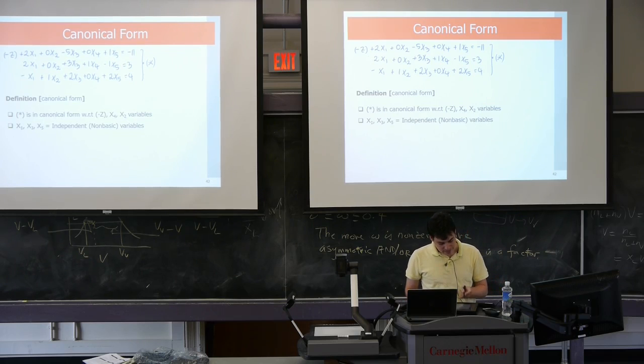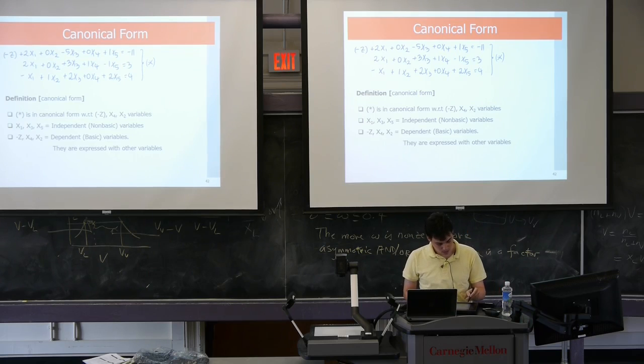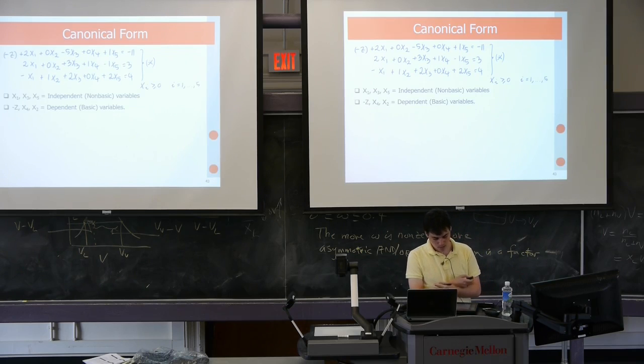We say that x1, x3, x5, that is the other variables, they are so-called independent non-basic variables. And minus z, x4, and x2, they are so-called dependent or basic variables because they can be expressed with the other variables. Okay?